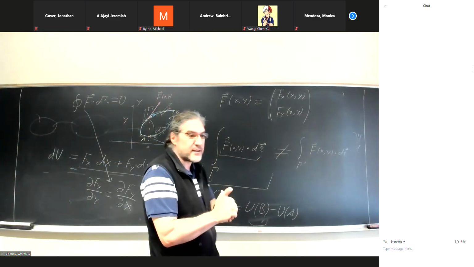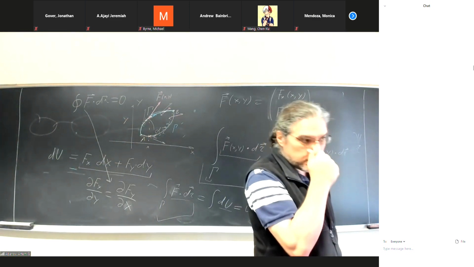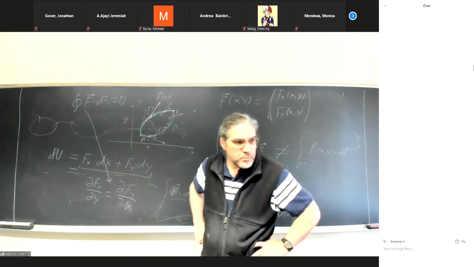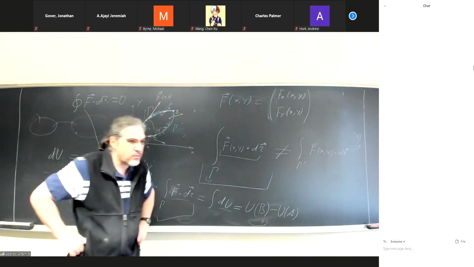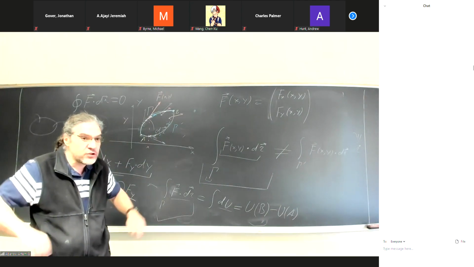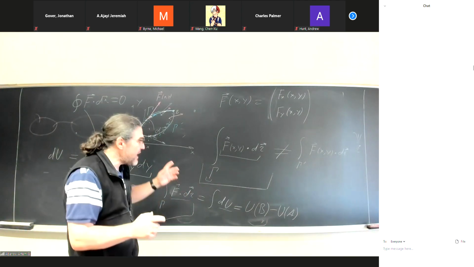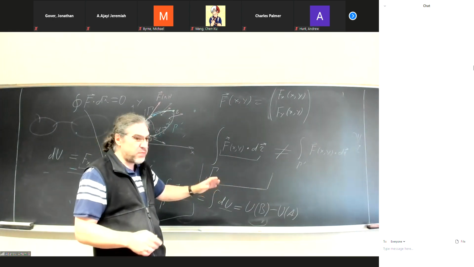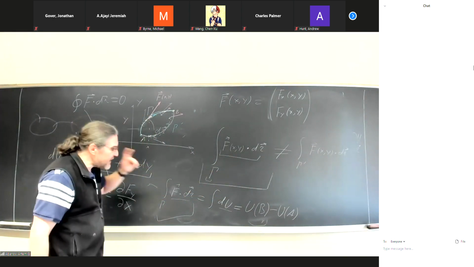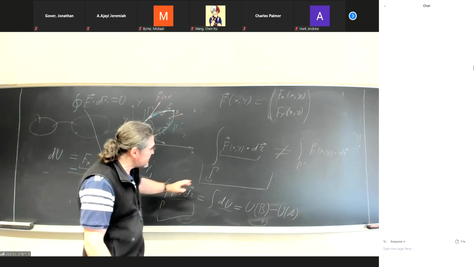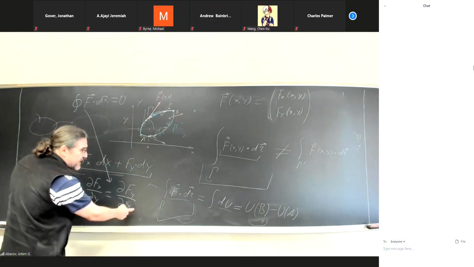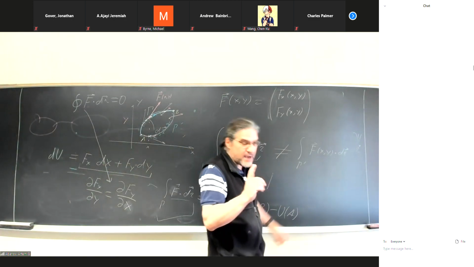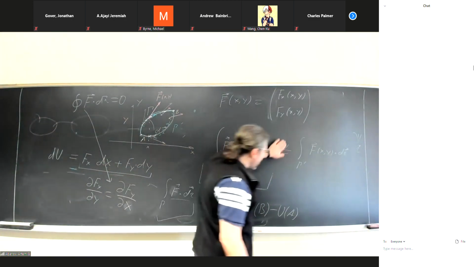Professor, I did have one question. Sure. So in terms of the path, you said the path from A to B, the gamma path, is the same as the other path if that expression in the bottom left. No, not at all. The whole idea is that if this is satisfied, then for any two gammas, the value of the integral will be equal to each other.